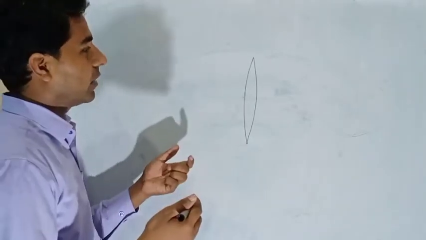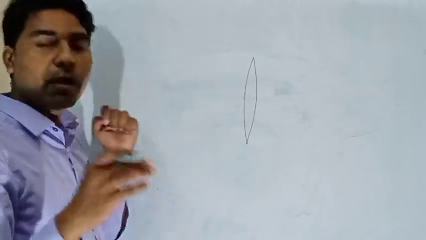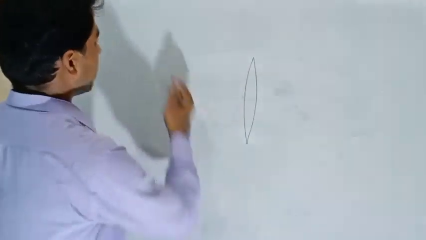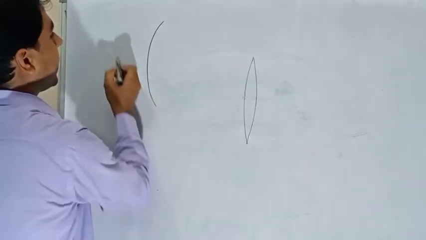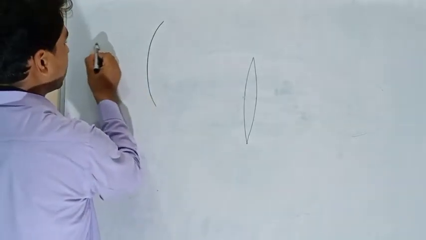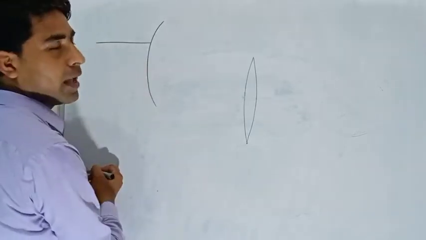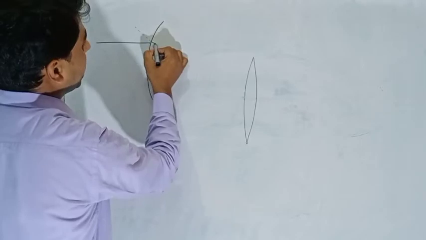The incident ray will bend toward the normal while entering and will bend away from the normal while emerging. So if we are talking about the first surface, see here. Suppose the ray is coming from here, like this. It will bend toward the normal, so I am drawing a normal. It will bend toward the normal like this.